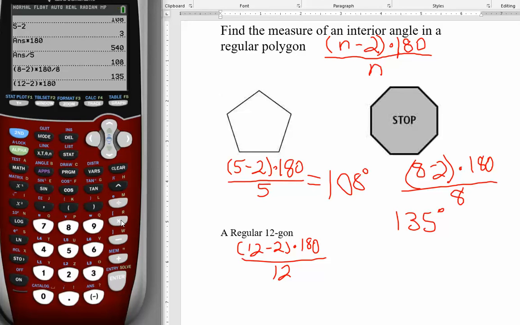And the answer comes out to 150 degrees.